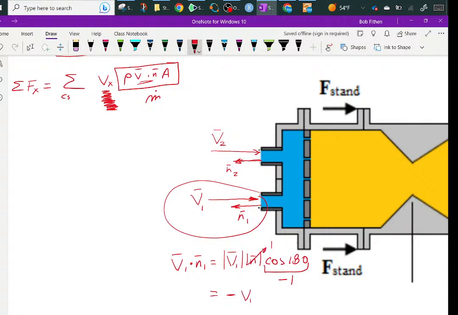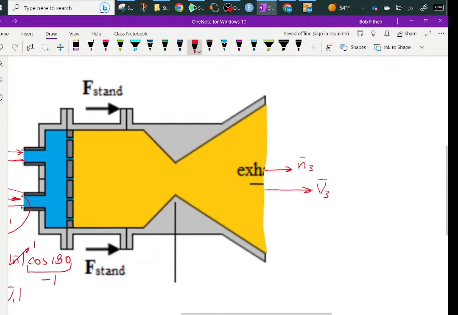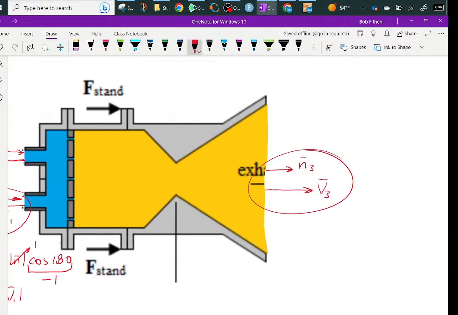So you get minus the velocity. You do the same thing here, minus the velocity, but over here they're both going in the same direction, so you get V3, the magnitude of the velocity, positive.